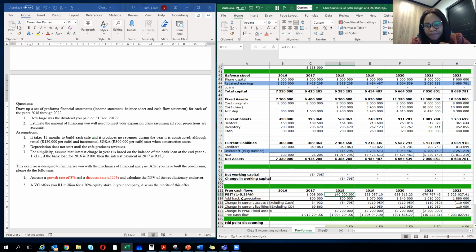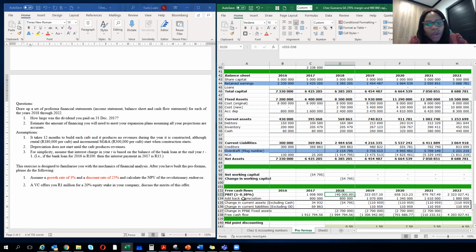So how you set this up when doing your income statement is you bring in your profit before interest and tax. This is before the interest calculation and before your tax calculation, and then you remove the tax impact.